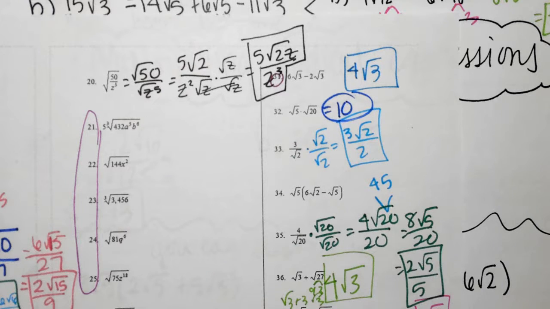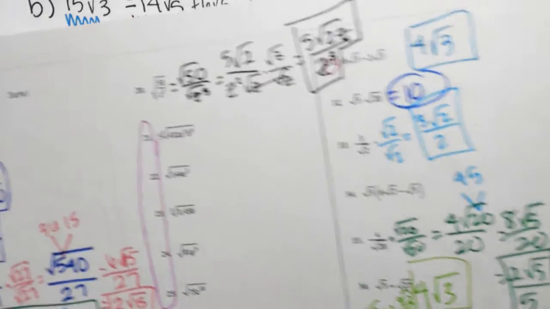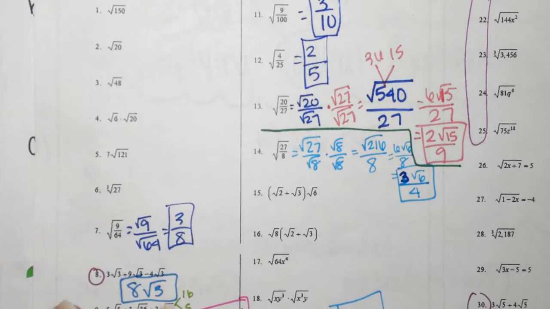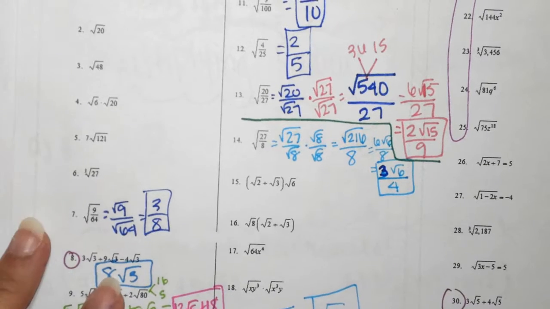I keep forgetting to take the square root of perfect squares. Yeah. Alright, let's look at 4 before we go to 18.